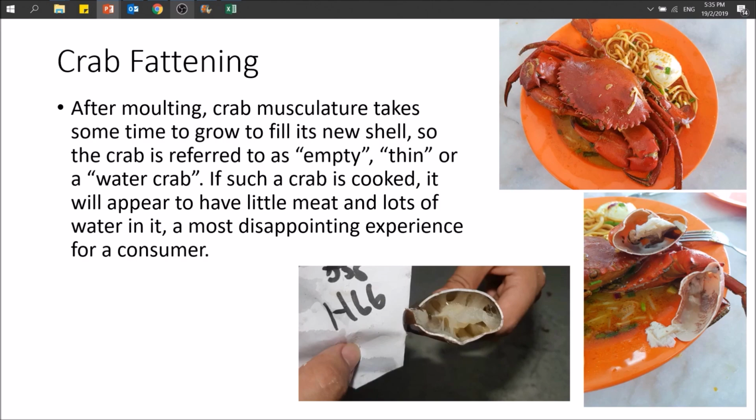Hence, crab fattening is a process in which you take crabs that do not have much meat, which are commonly called water crabs, and fatten them up in a short period. By buying water crabs and feeding them for 3 to 4 weeks, you can bring them up to a full amount.